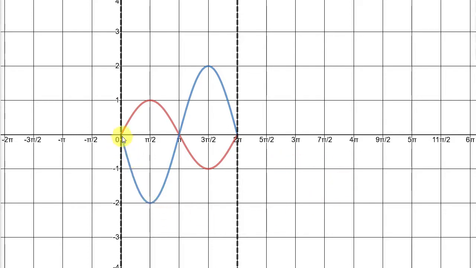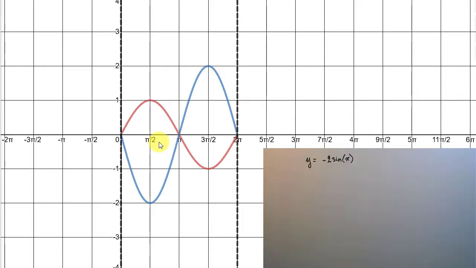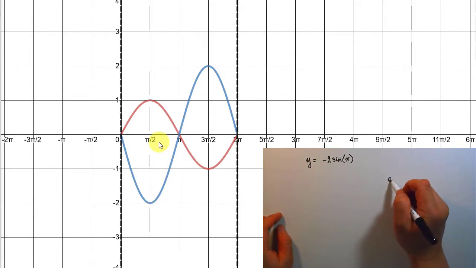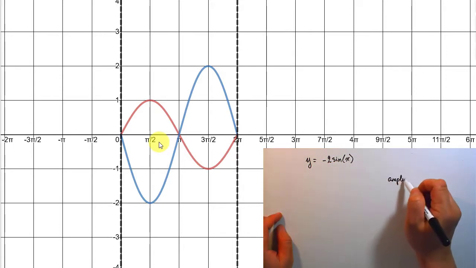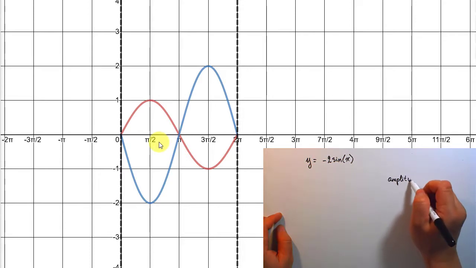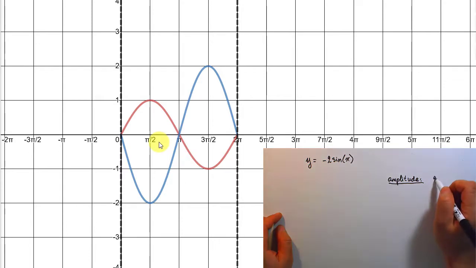It looks like we still have that wave, but this time the fascinating nature here is that the wave is flipped upside down around the x-axis, that center line, y equals 0. Drawing out some observation from that, the amplitude, the wave height, in this case is 2.